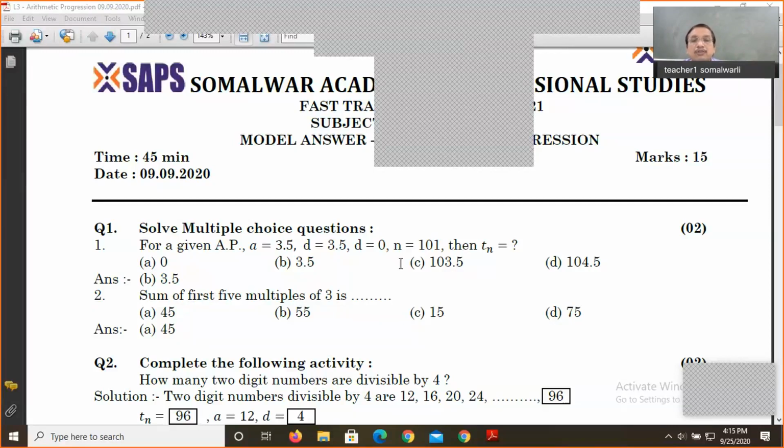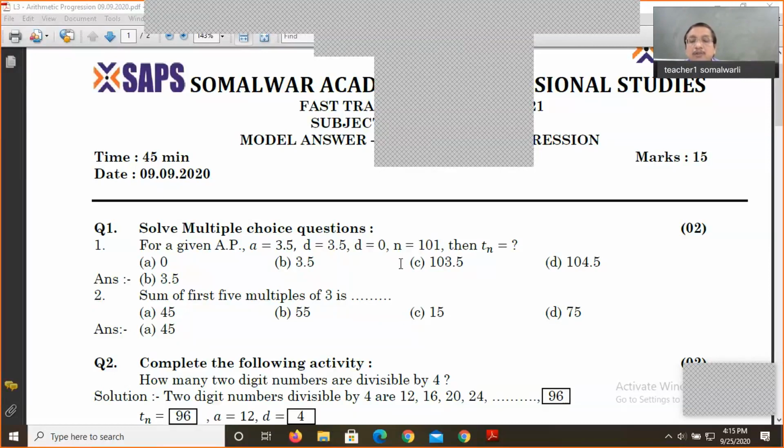Now let's switch to the second sum. MCQ again. The sum of the first 5 multiples of 3 is. What is the sum of the first 5 multiples of 3? Simply, not many numbers are here. The first 5 multiples of 3 are 3, 6, 9, 12 and 15.